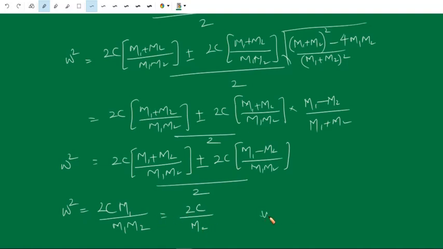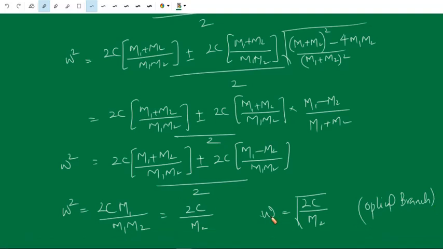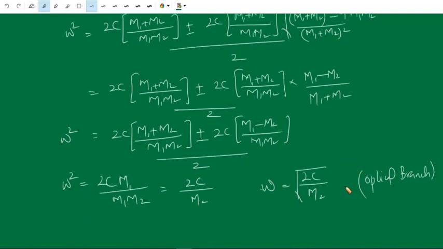Therefore omega is equal to the root of 2c divided by m2. This corresponds to the plus term, so this is called the optical branch. This is the omega value at the boundary of the Brillouin zone corresponding to the optical branch.